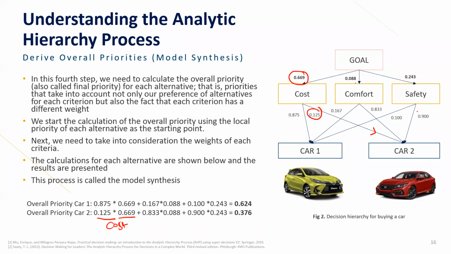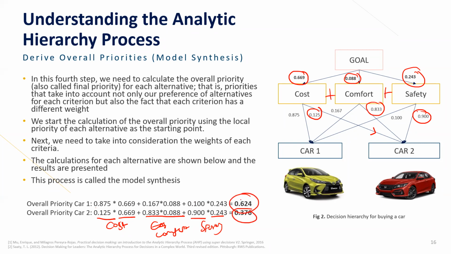And then 0.088 multiplied by 0.833 for the comfort. And this one is 0.243 multiplied by 0.9. This one is for the safety. And then you sum all of it, you get 0.376.